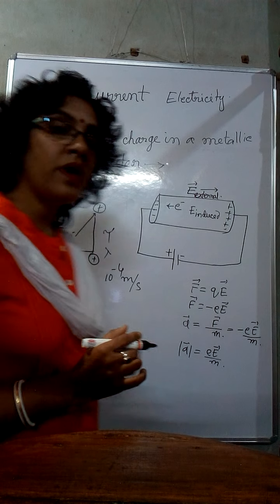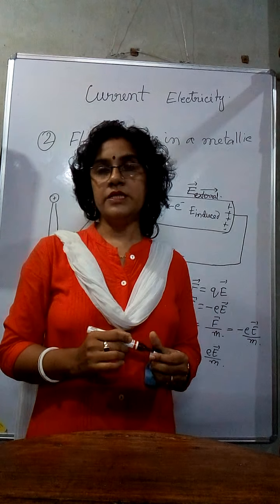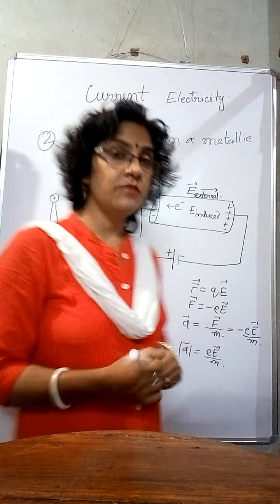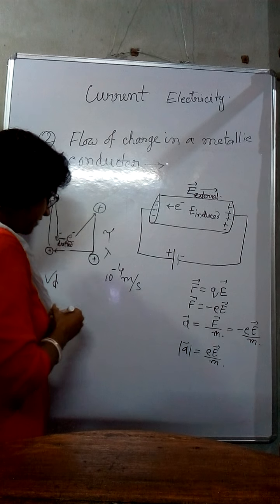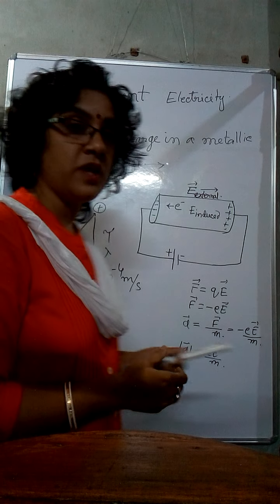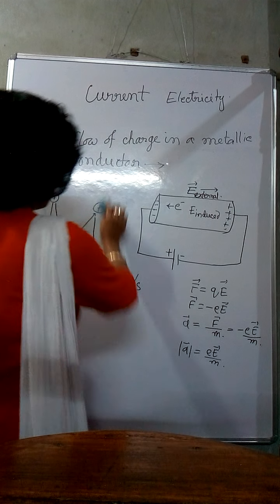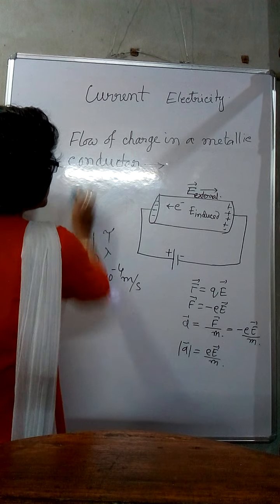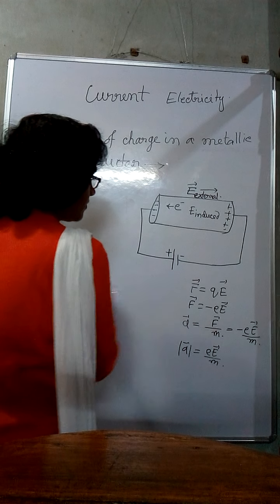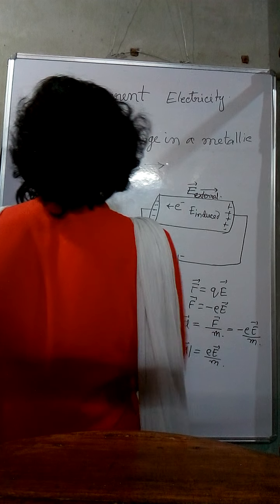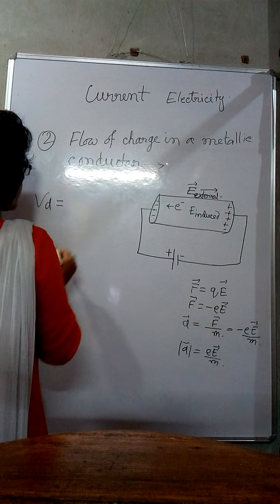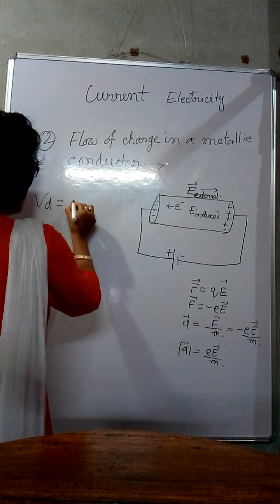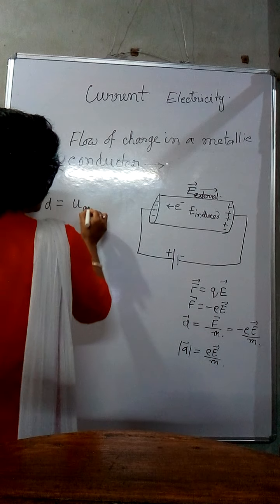Now let's see what the equation for drift velocity is, and its symbol is Vd. Vd is the drift velocity. So let's see the equation for drift velocity. Drift velocity Vd is equal to the average velocity.